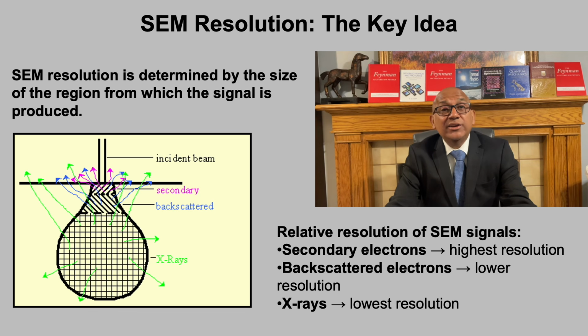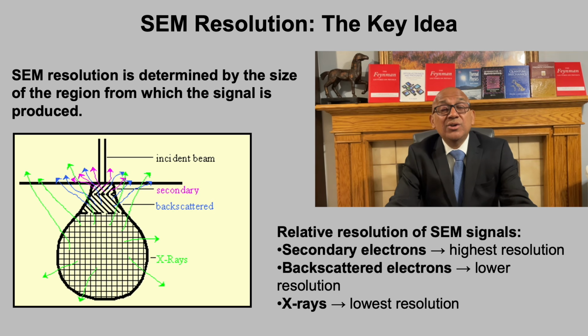If it originates from a larger volume, information from neighboring regions is averaged and spatial resolution is reduced. This is why secondary electrons provide the highest resolution in SEM. They are generated and escape from an extremely shallow surface region, allowing very fine surface features to be resolved.